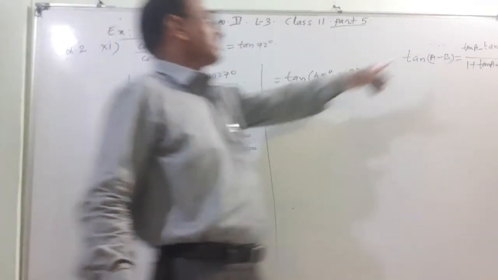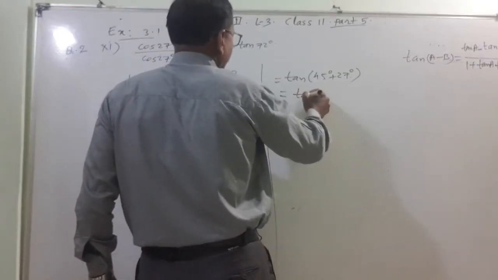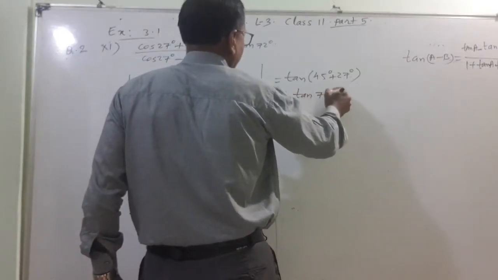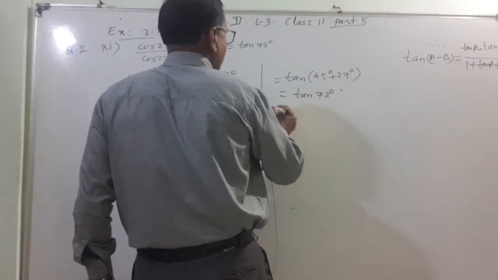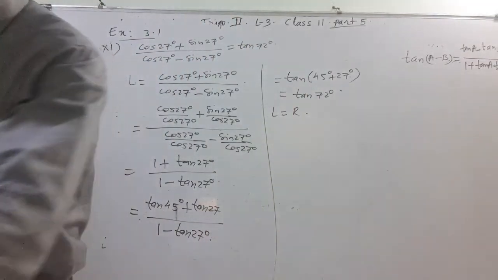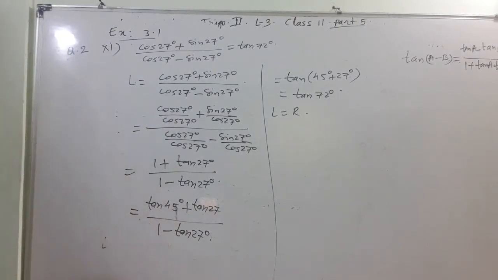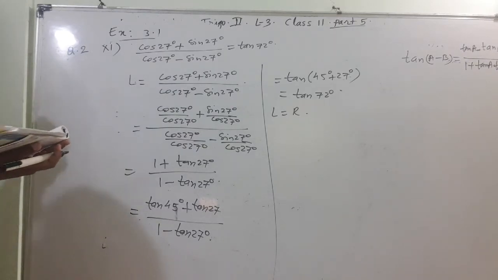See this, compare this. So that is equal to tan of 72 degree. Add these two. Therefore, LHS is equal to RHS, and thus the proof. Hope that you have understood this question.